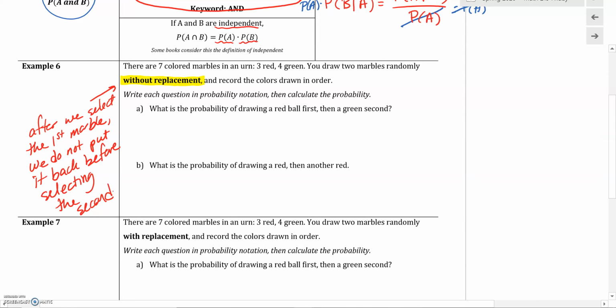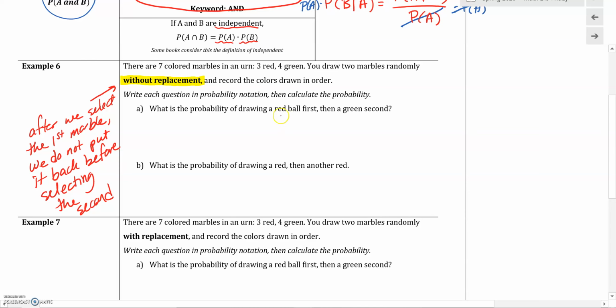And that right there makes these two events dependent on one another. Because as soon as you pull a marble from the bag, your sample space has changed. You've got fewer marbles in there. So the probability of pulling out another marble, whatever the color, is now different than had all the marbles been in the bag. So let's just give this a shot.